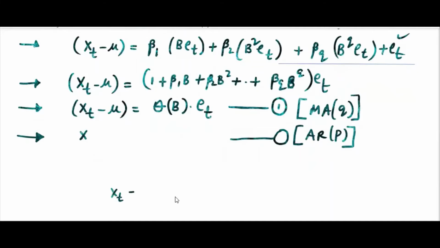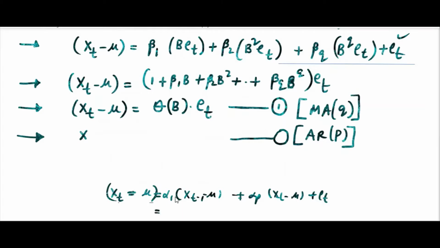X_t is equal to mu plus alpha 1 (X_{t-1} minus mu) up to alpha p (X_{t-p} minus mu) plus e_t. This was there. And then we took X_t minus mu here, and then we took this one common, right?